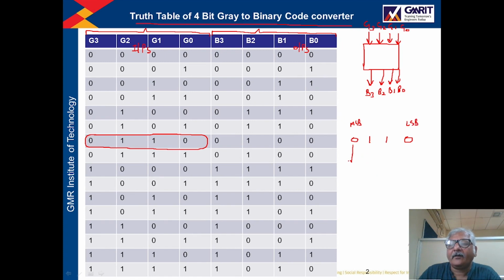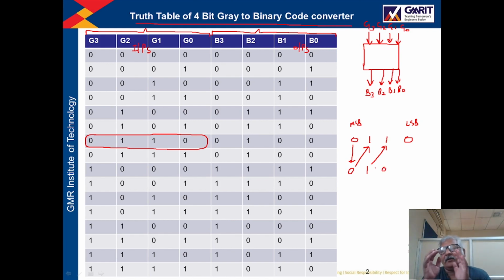So we will write the MSB bit as it is, 0. Then with this bit I will add the next bit. So 0 plus 1 is 1. Now with this I will add the next bit. 1 plus 1 is 0.